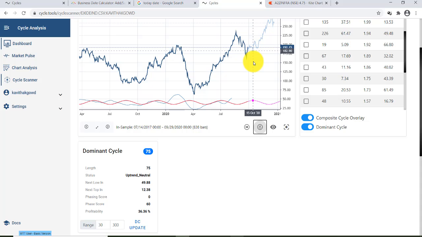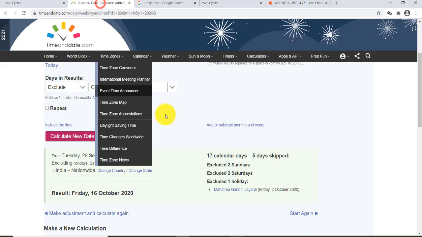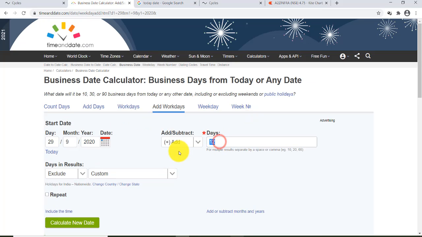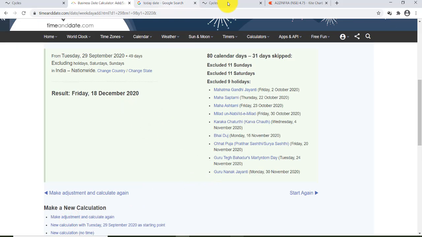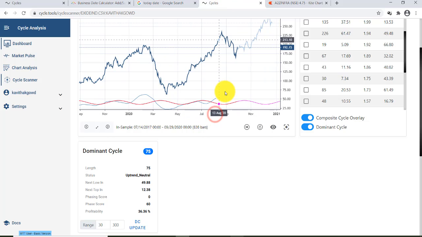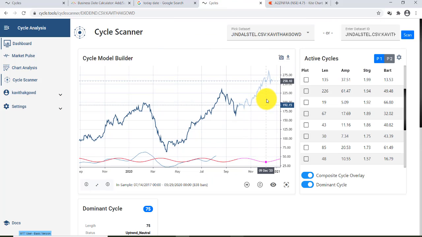and the low will happen in 49 days. So let's add 49 days to it. 18th December, and on 18th December it is showing the low has happened. The price is 252.